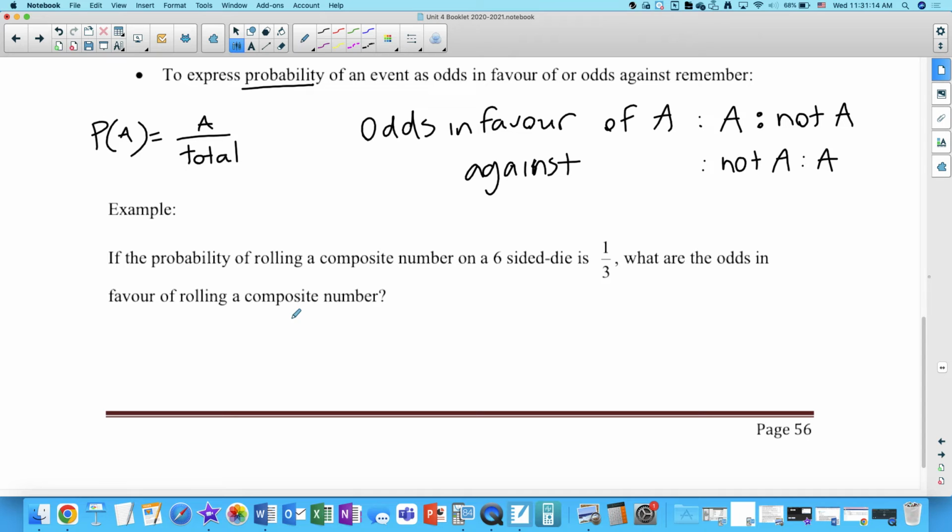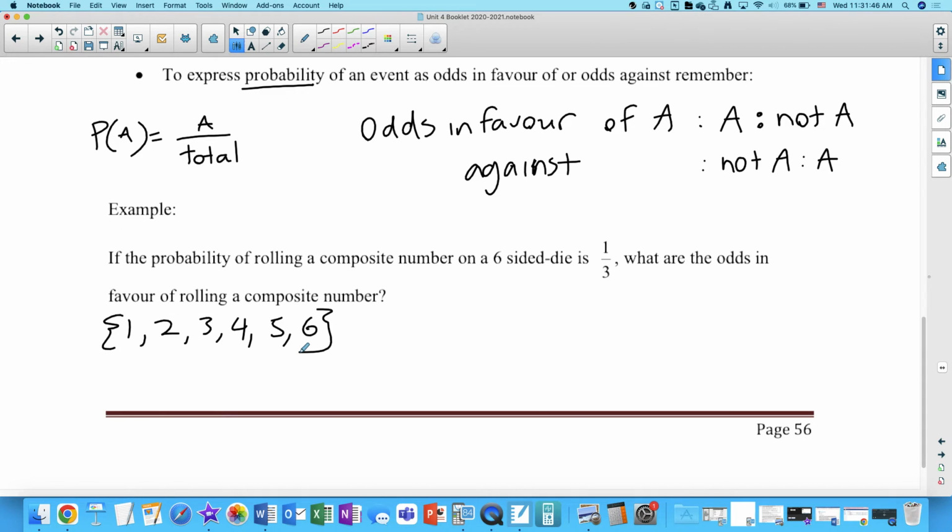So if we're looking at a 6-sided die, the composite numbers are numbers that have 3 or more factors. So which are the composite numbers on a 6-sided die? 6 and 4. That's right. So those are the composite numbers. You can see why the probability is 1/3 because it's 2 out of 6.